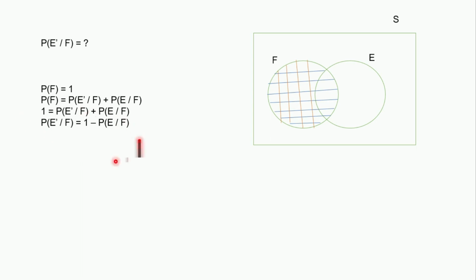This formula is very important and we can easily understand this with the help of a Venn diagram. Now probability of A union B given that F has already happened. For this the formula is this one. Let's understand this with the help of a Venn diagram.